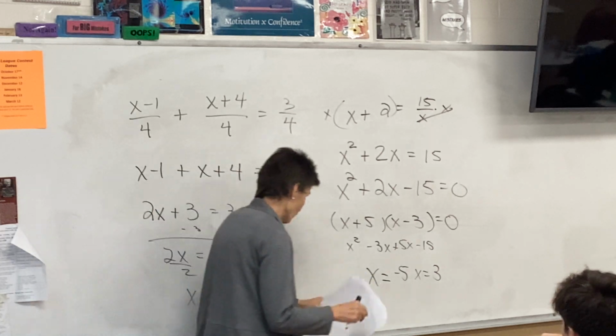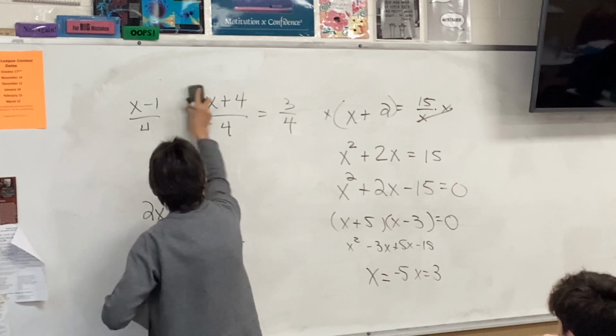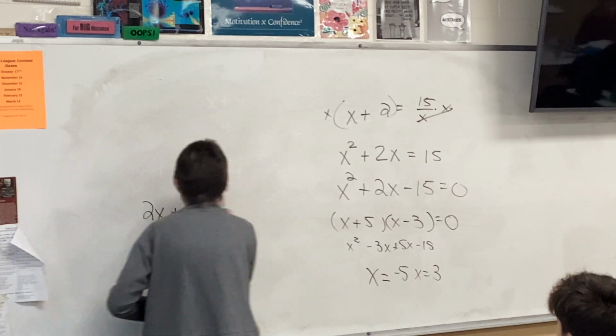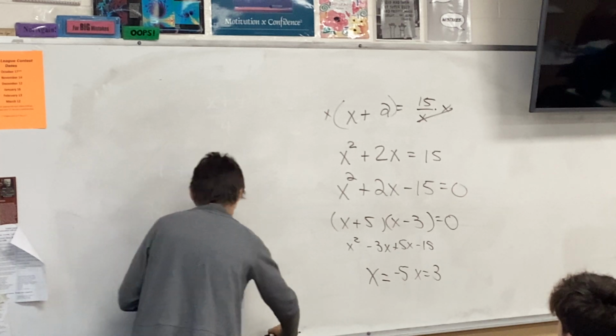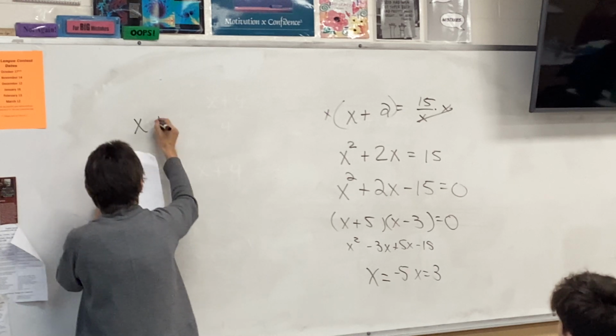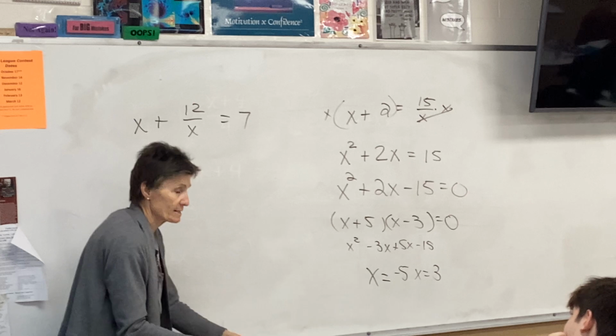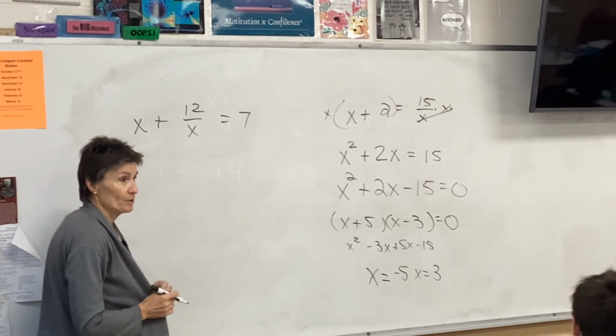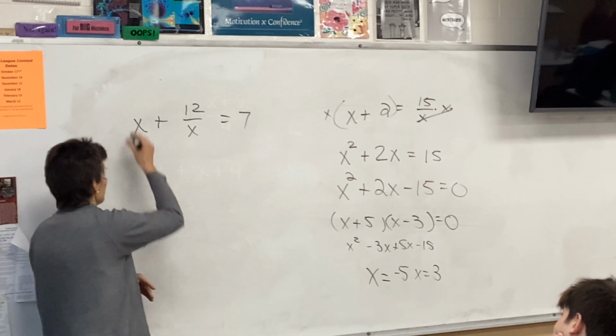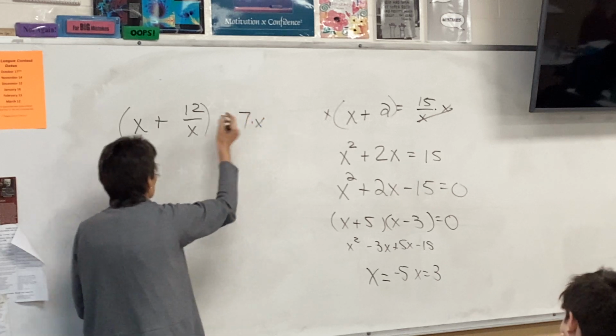All right, one more, number 3. Oh, this looks kind of the same. What do we want to do? Multiply everything by x.